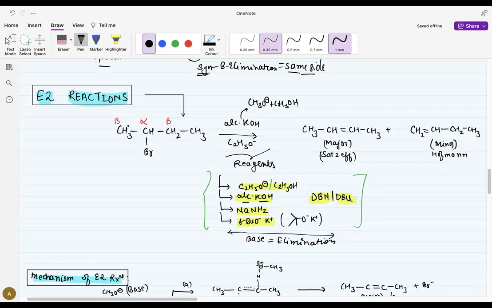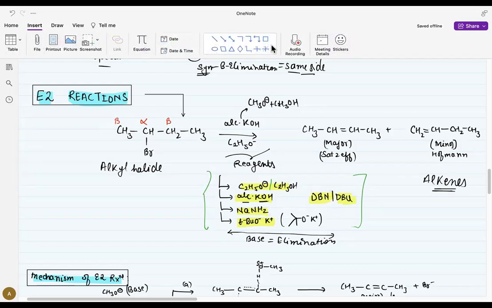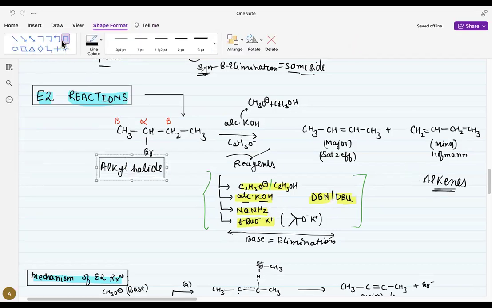So how does elimination occur? In elimination, we convert alkyl halides to alkenes.